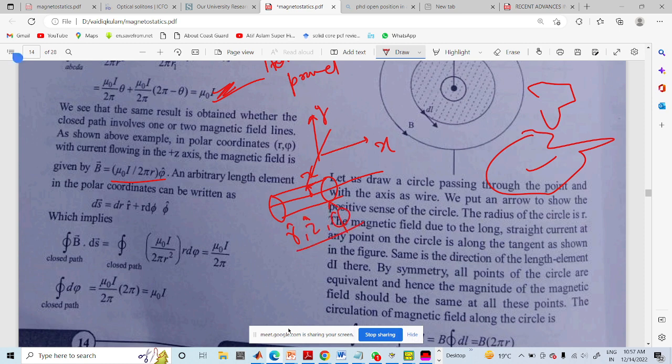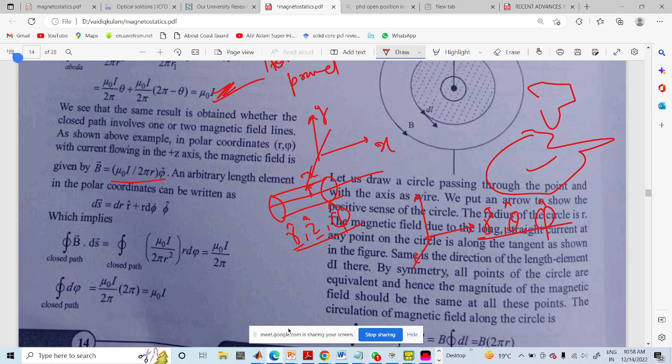There are three things. Similarly, in a spherical coordinate system we have r, theta, and phi. So Cartesian, then cylindrical, and then spherical coordinates, right?